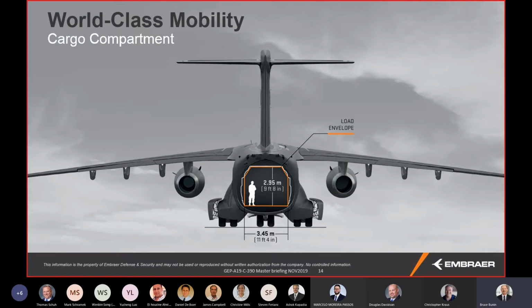And that was by design, and it enables some cargo and troop configurations for the back of the airplane that can't be done with a C-130J, which is something that, again, we leverage a lot with customers because it's for an airplane that is almost virtually the same size. It has a lot more flexibility.